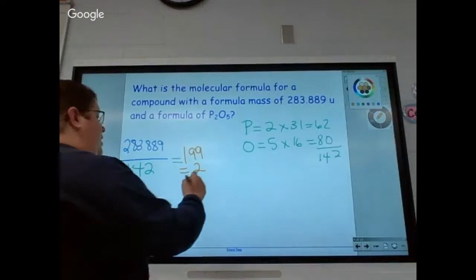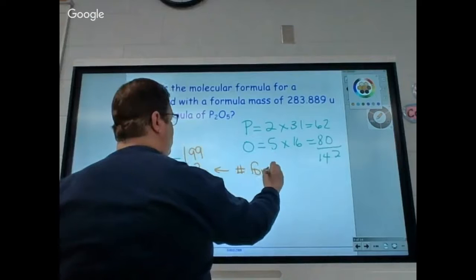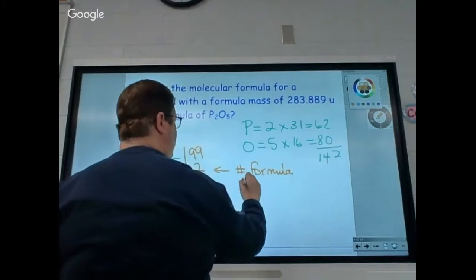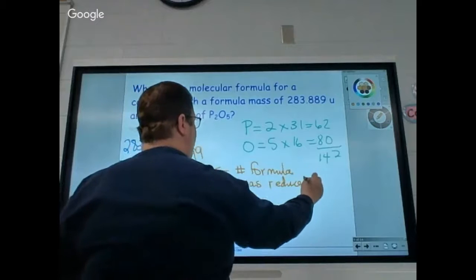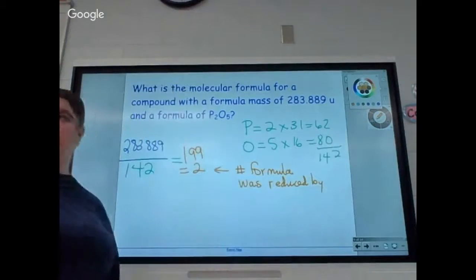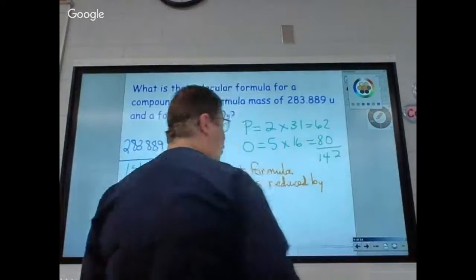This is the number the formula was reduced by. That's what that number means. That's what it's telling you. Is everybody with me on that? So that's what this last step is for.